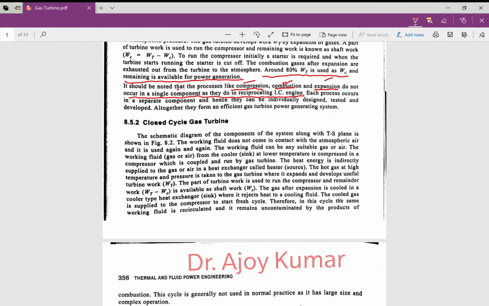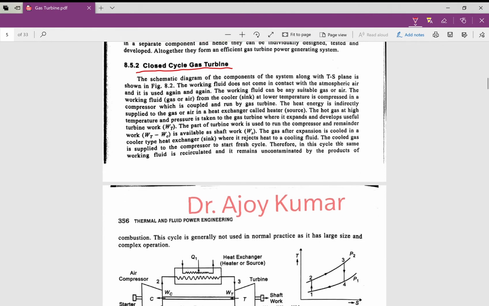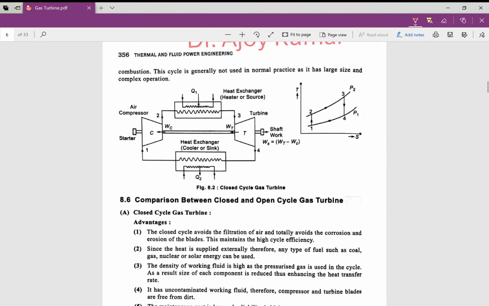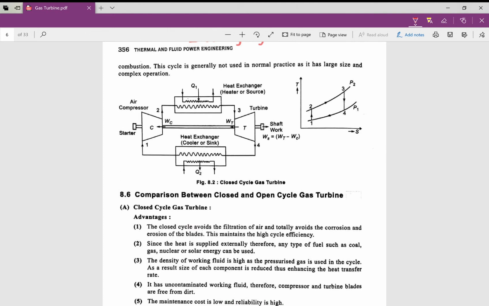So now students, let us go for the closed cycle gas turbine. So here is the arrangement. Compared to the previous one, again let us start with point 1. Air, as a gas, is supplied to this compressor. It is compressed from low pressure to high pressure.